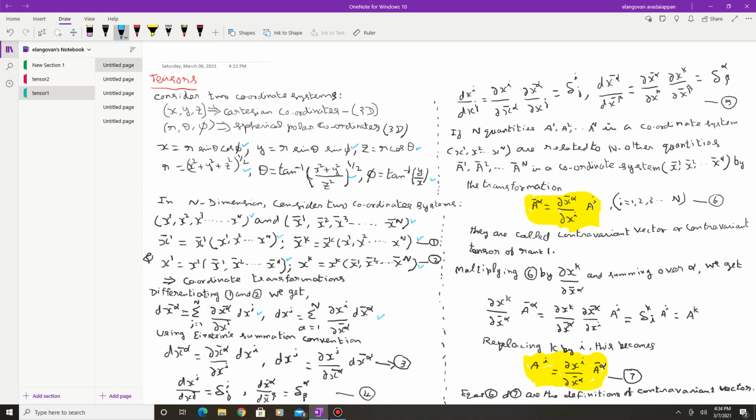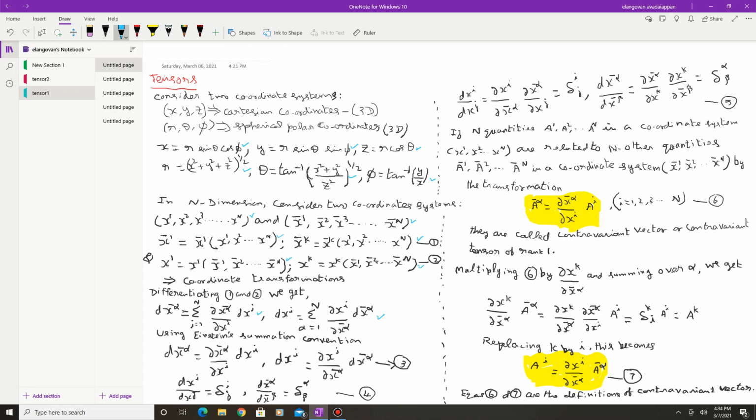Now here we are going to use Einstein's summation convention. The summation symbol may be removed from this expression according to this convention if an index is repeated in the expression. In the above expression, i is repeated.